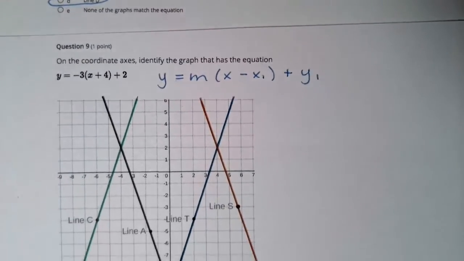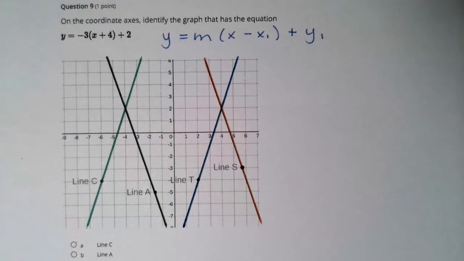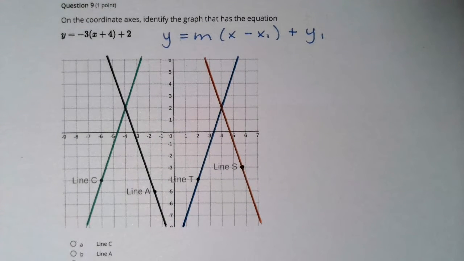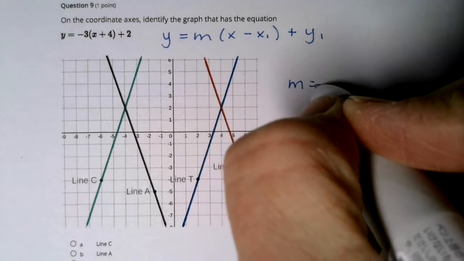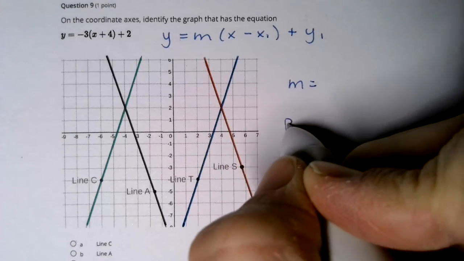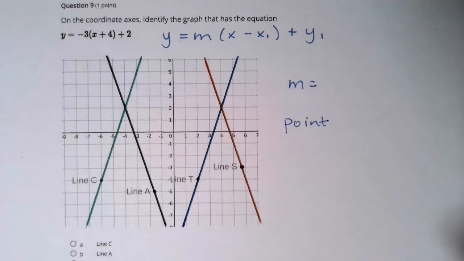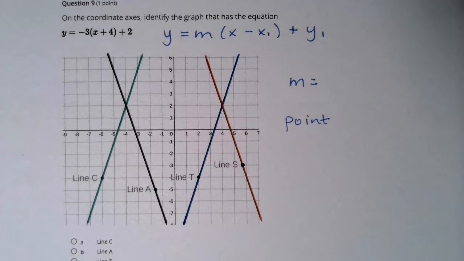Looking at question 9, again, looking at point slope form, what is my slope going to be and what is my point? That is always the starting point. Again, if you need to refer to your notes, that's page 75.